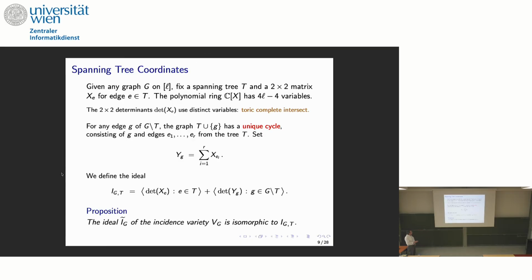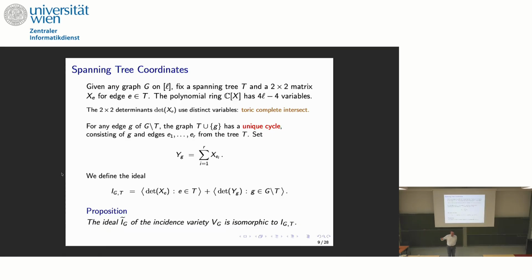So the ideal IG tilde, the affine ideal from the previous slide, which according to the proposition faithfully represents what happens in projective space, this ideal of the incidence variety is, up to linear change of coordinates, exactly this ideal. This proposition says a posteriori it didn't actually depend on the choice of spanning tree. And this is what we found to be the most efficient for symbolic computation.